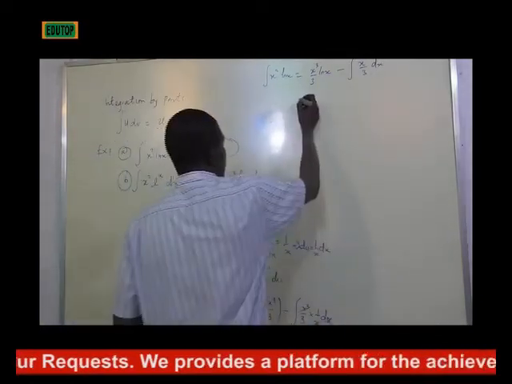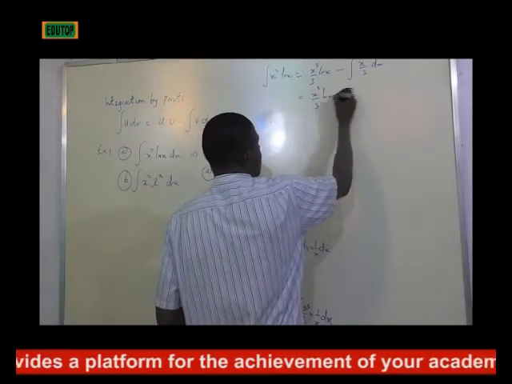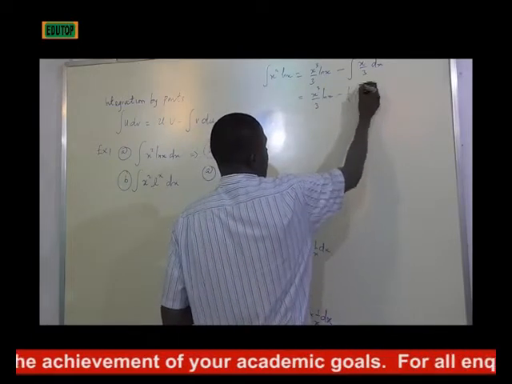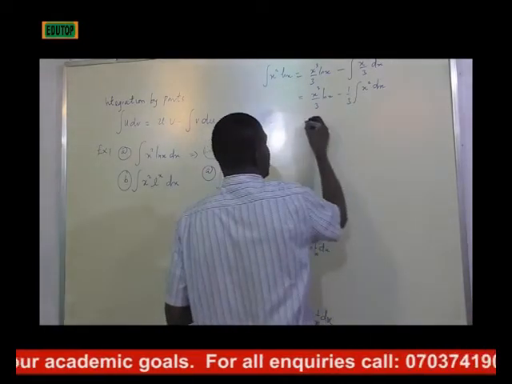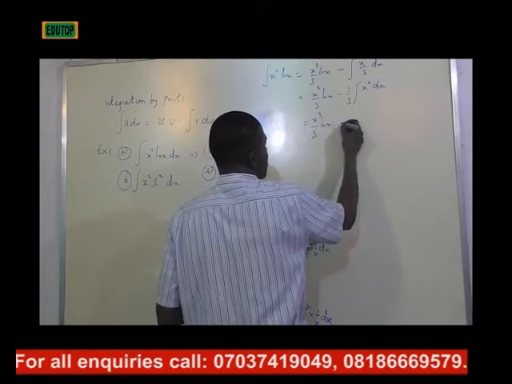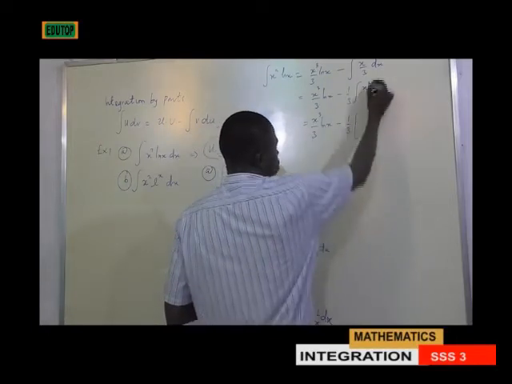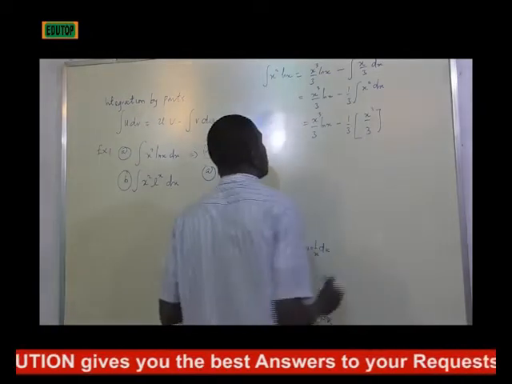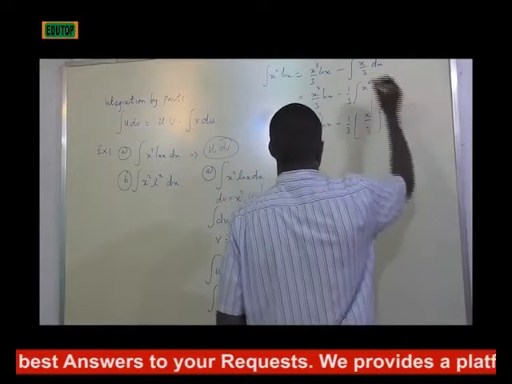Now I can simplify this further: x cubed over 3 ln x, this 1 over 3 can come out, then I have minus 1 over 3 integral of x squared dx. Then here I will have x cubed over 3 ln x minus, if I integrate this again, I'll have x cubed over 3. So then I can add plus c because it's indefinite.